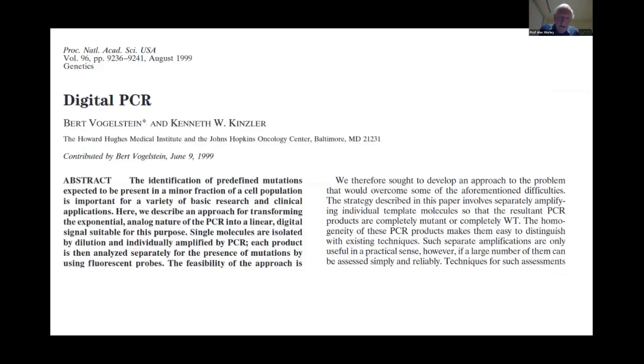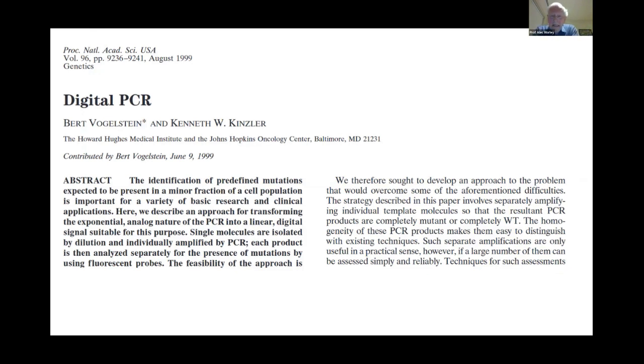Now, some years later, Vogelstein and Kinzler published their paper on digital PCR. It's interesting that they actually didn't use a selective technique for isolating their single molecules. They diluted them down in microwells.